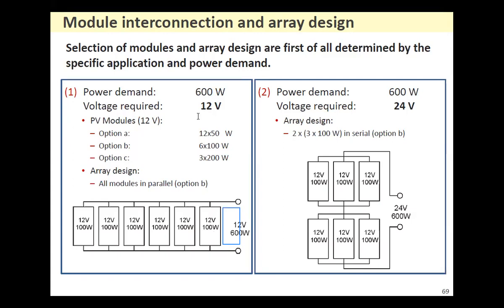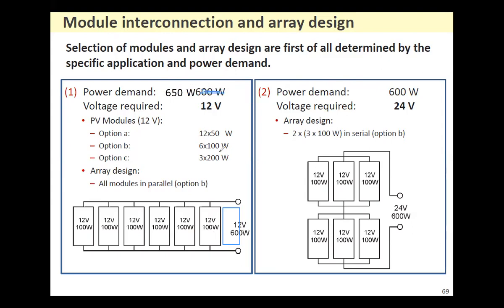Let's say the customer requires 650 watt. The requirement is now 650 watt, but not 600 watt.